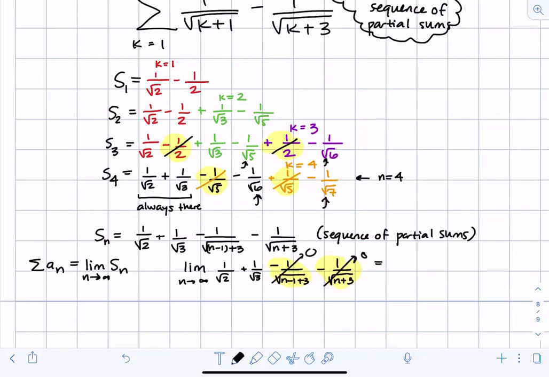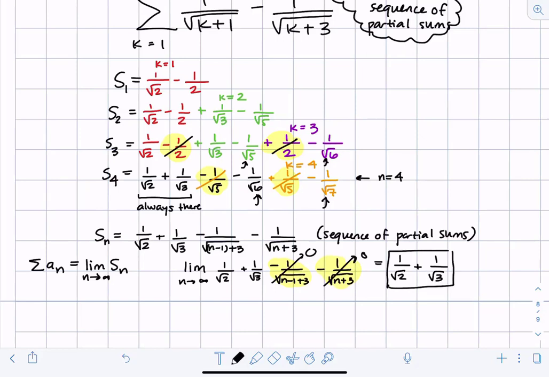So our limit would just be 1 over root 2 plus 1 over root 3. Okay, so that's the value that this series converges to.